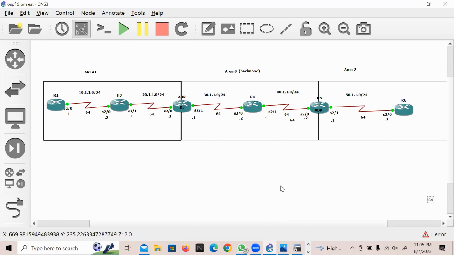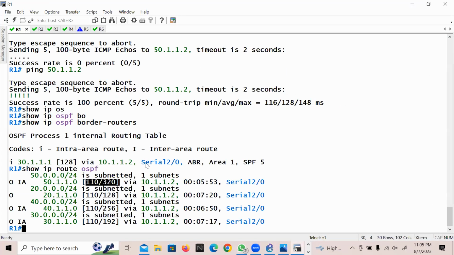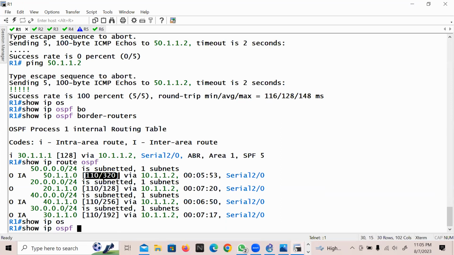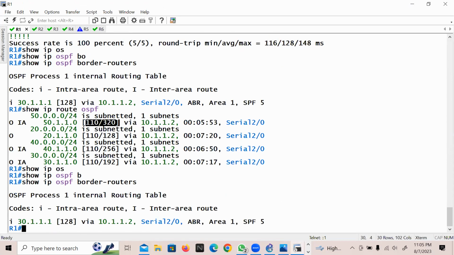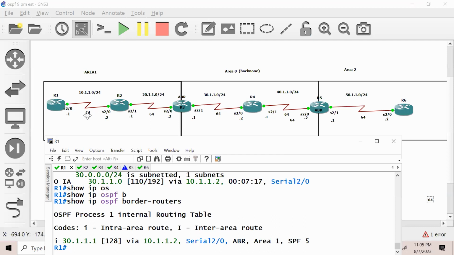So you can simply calculate: 64 plus 64 is 128. At that distance of 128, I have the ABR router. Let me check. Show ip ospf border-routers. So 128, because it is calculating this cost 64 and just adding it. This is the link cost of a serial link.